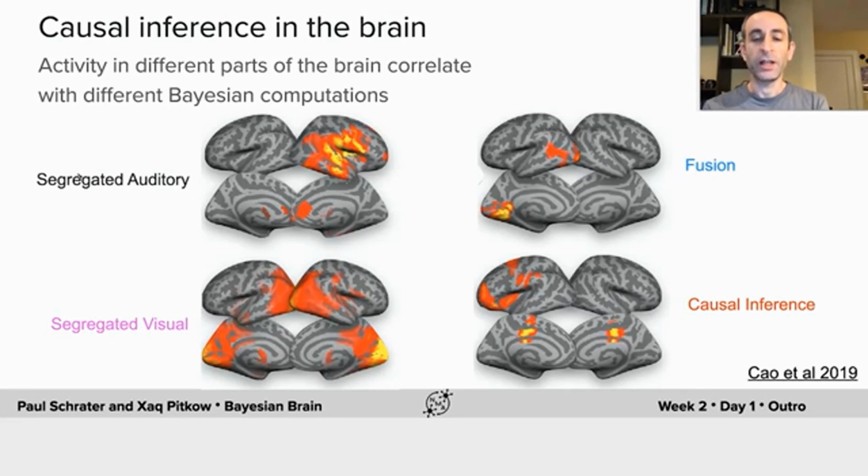And interestingly, in the frontal lobes, they found correlations with causal inference. The activity in those parts of the brain was more explained by causal inference than by any of those other types of signals. So this is answering questions of where in the brain different computations might be carried out. And then we can look in more detail at how those are carried out by finer scale measurements.